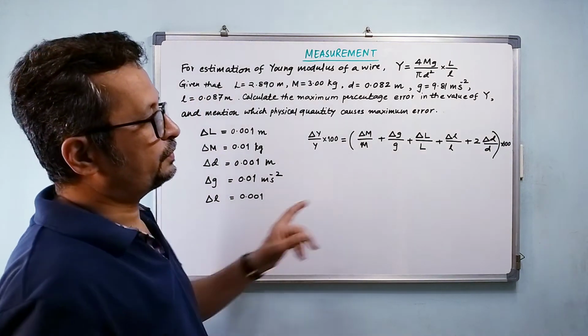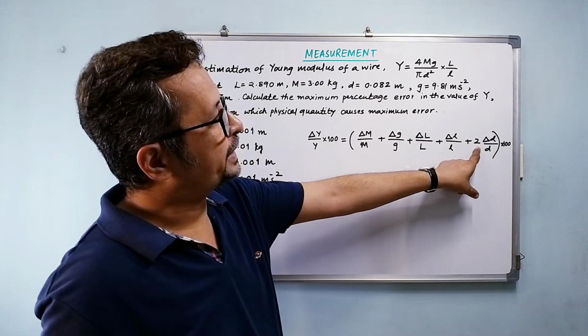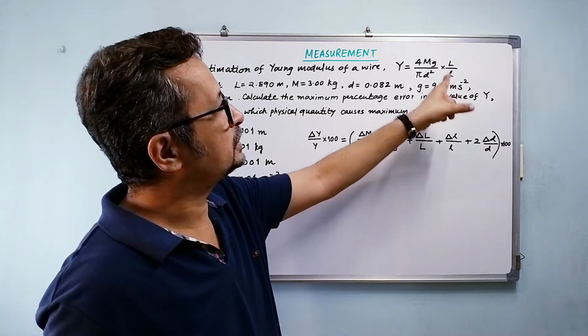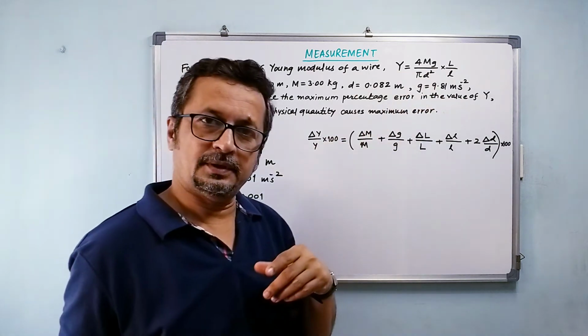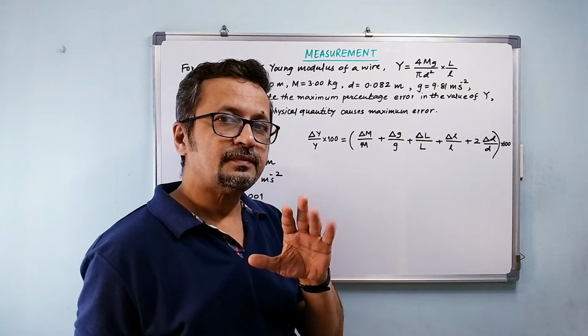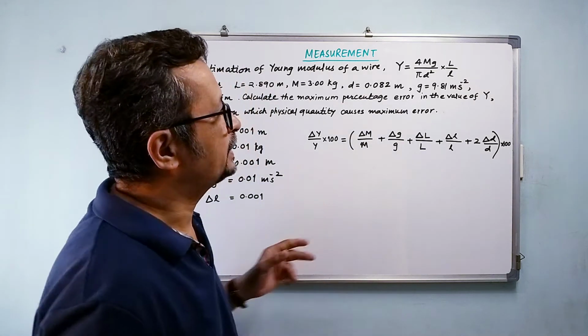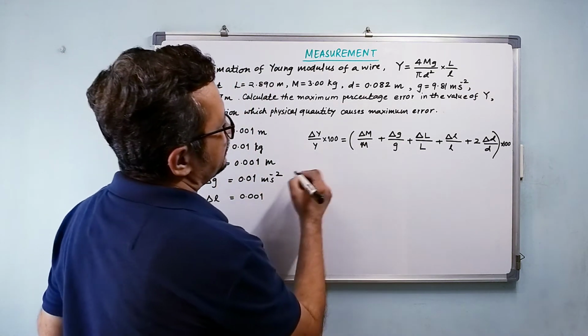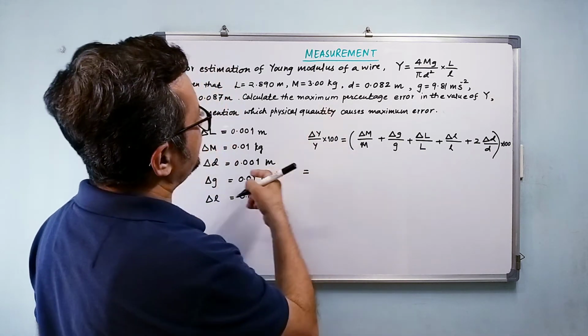Correct. Now why have I taken 2 times delta D upon D? It is because the power of D is equal to 2.